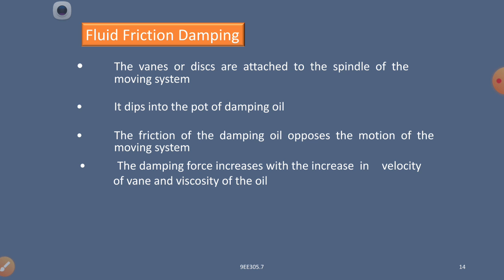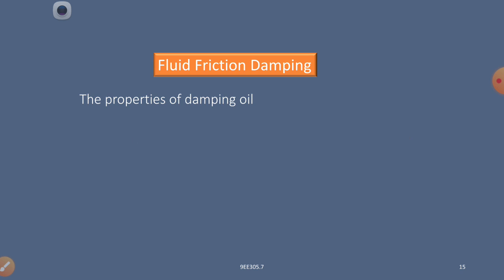The damping force increases with an increase in the velocity of the vanes and the oil. That means if the movement is more, automatically the opposition is also more. For example, it can be used in the Kelvin electrostatic voltmeter. I think you understood this.